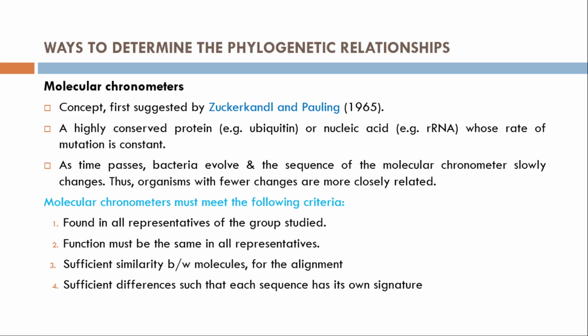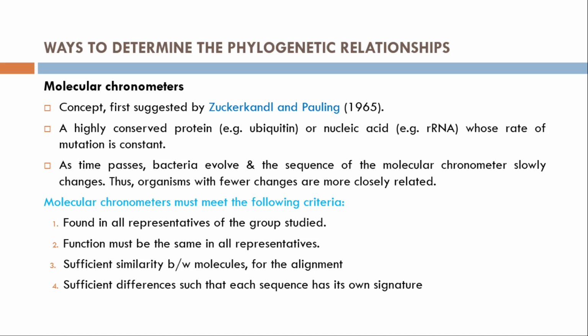The molecular chronometer may be a highly conserved protein, for example ubiquitin, or it may be a nucleic acid like rRNA, whose rate of mutation is constant. As time passes, bacteria evolve and the sequence of the molecular chronometer slowly changes. Thus, organisms with fewer changes are more closely related.